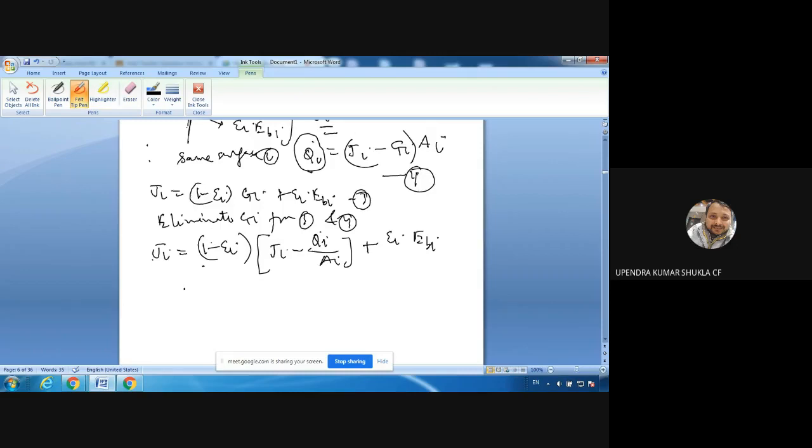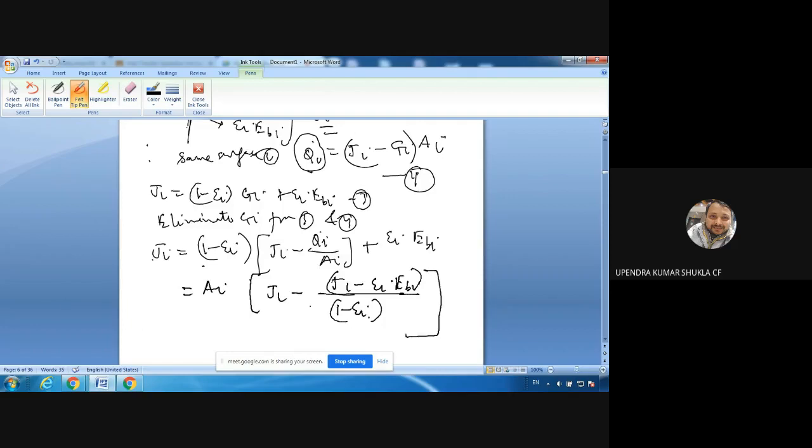Let me write it like that. Here we will take 1 minus epsilon I, and Ji minus epsilon I Ebi.